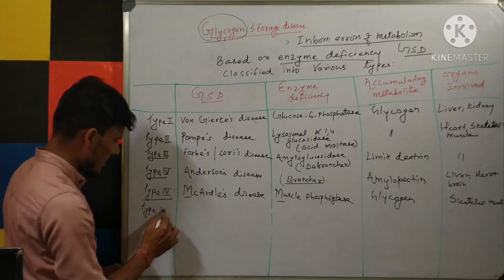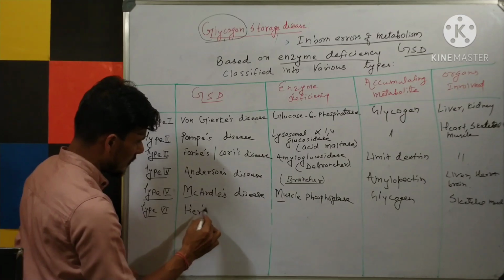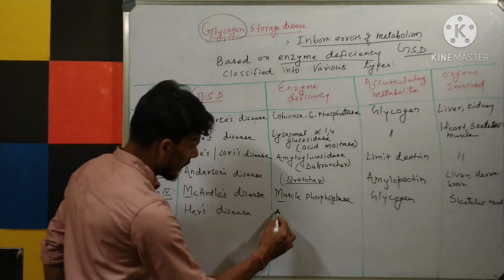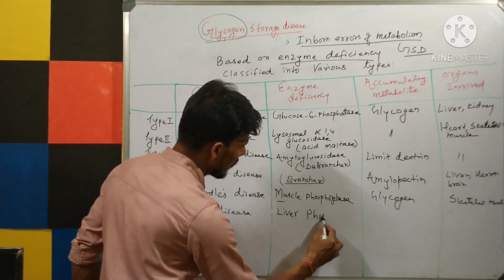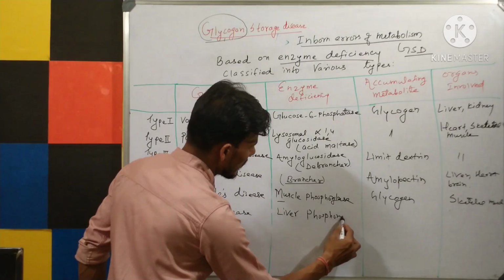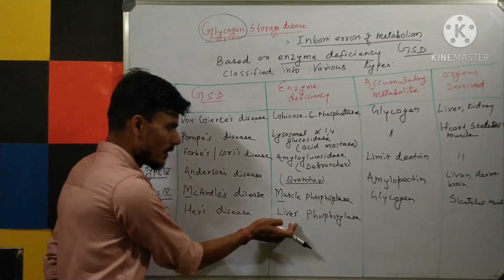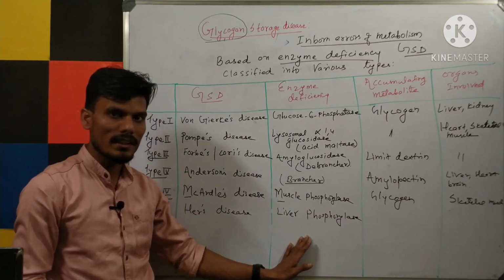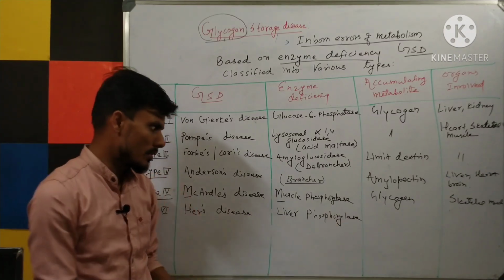Moving towards the next type. Type 6 is Hers disease. In this case, the enzyme involved is liver phosphorylase. It means this enzyme is present in the liver and helps glycogen convert into glucose.